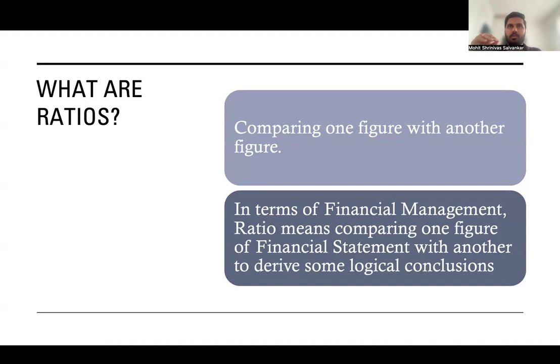Ratios do not have any kind of standards. So it's just taking one number and comparing it with another to make some logical conclusions out of it so that you are able to make some decisions out of it.